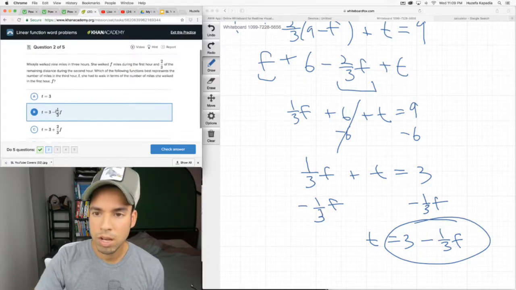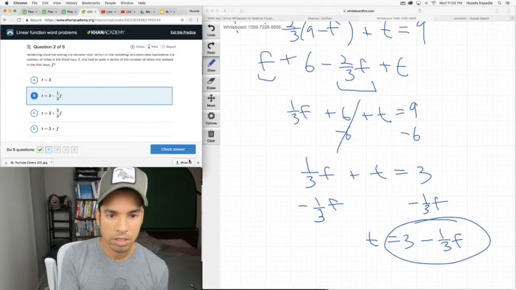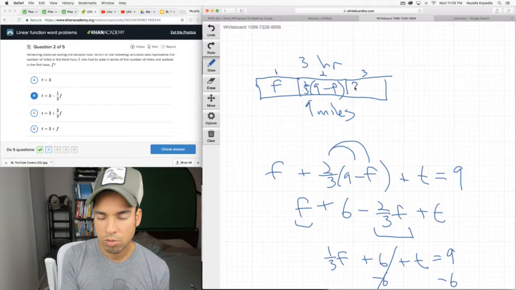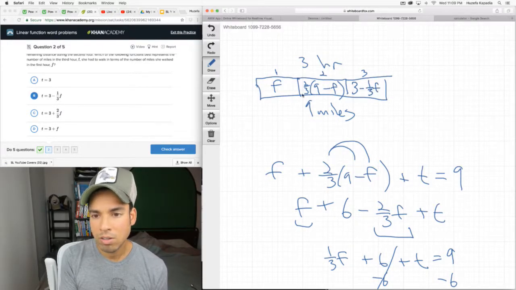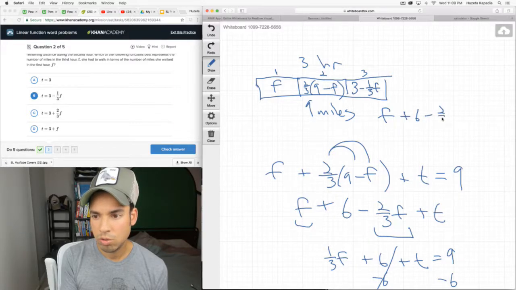So I'm going to scroll up here and say, oh, I got to do it like this. Sorry, 3 minus 1/3 F. So this last part is 3 minus 1/3 F. Theoretically, if I add all these, it should add up to 9. So it's F plus 6 minus 2/3 F plus 3 minus 1/3 F. Remember, 2/3 of 9 is 6.